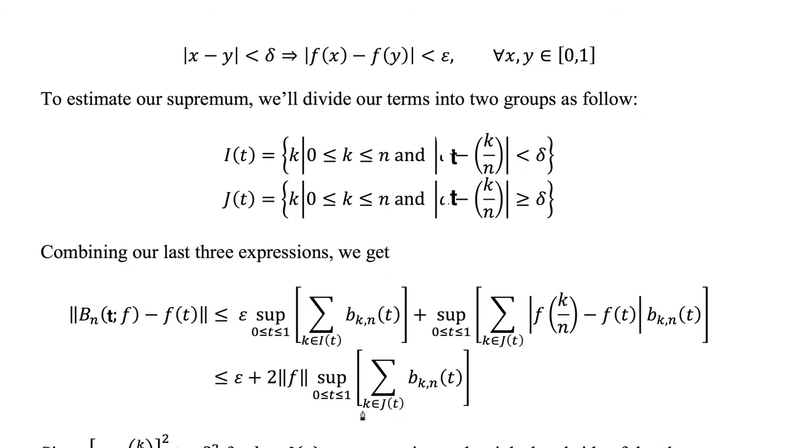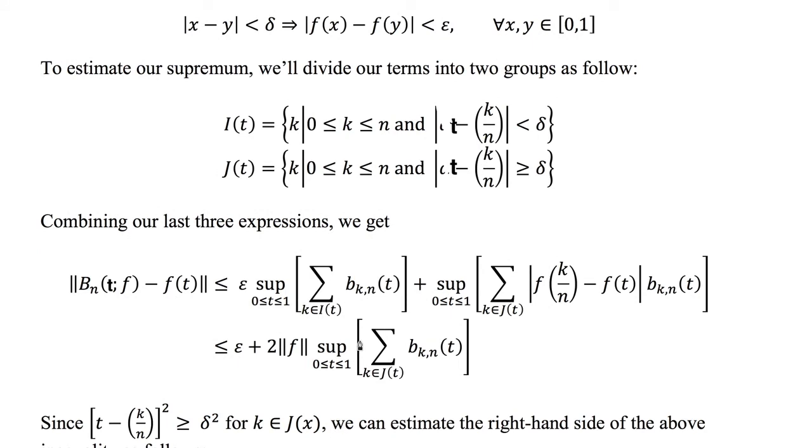However, if this term here is not small enough, then we cannot finish the approximation. So here is the trick to approximate this expression. Remember that when k lies inside the second set here, then the absolute value of the difference between t and k over n is greater than or equal to delta.